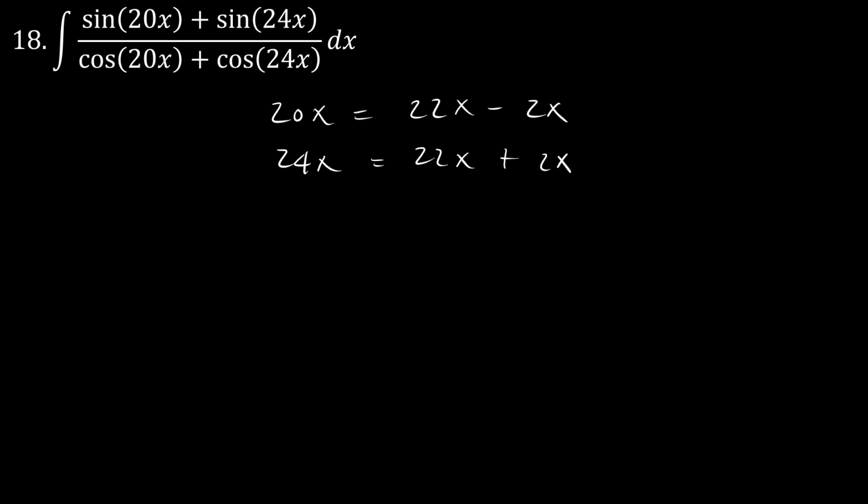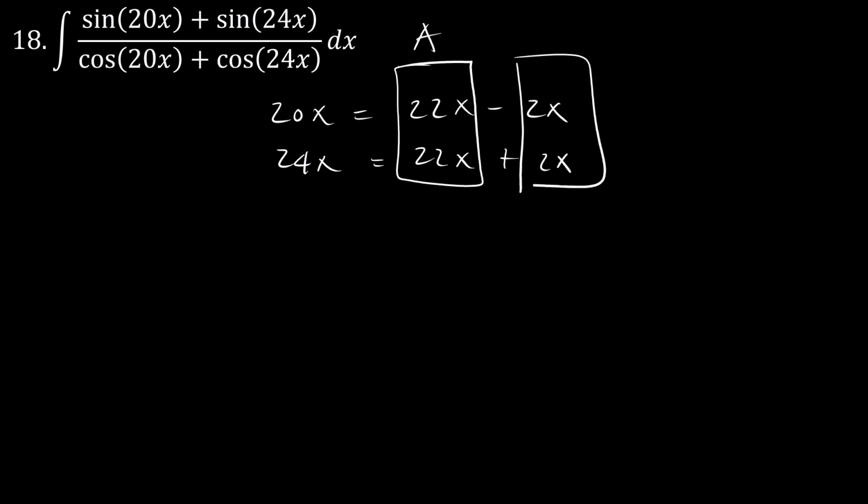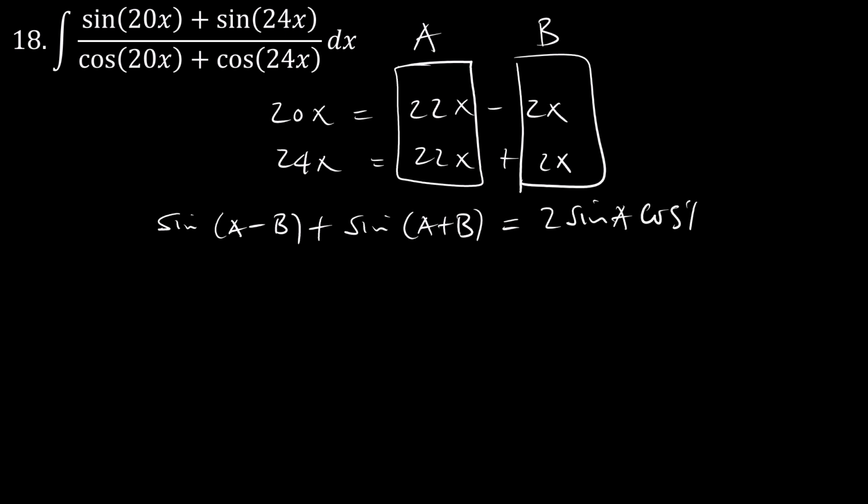If we take 22x to be a and 2x to be b, we have sine of a minus b plus sine of a plus b is equal to twice sine a cosine b.